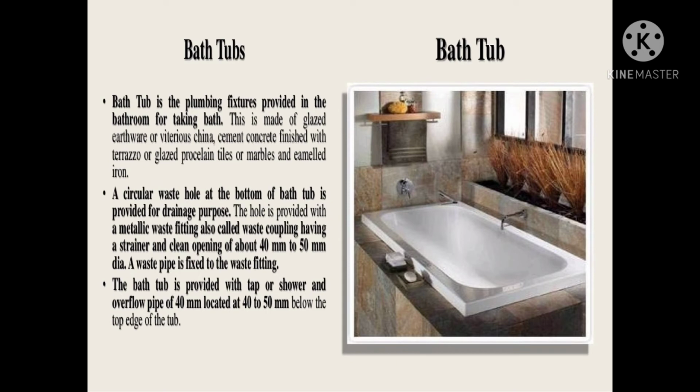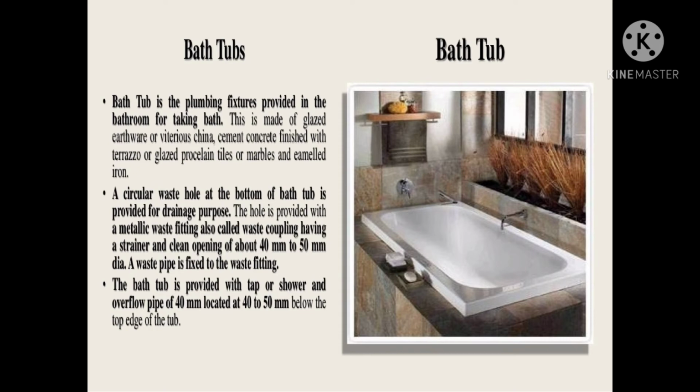Next one, bathtub. Bathtub is the plumbing fixture provided in the bathroom for taking bath. This is made of glazed earthenware or vitreous china, cement concrete finished with terrazzo or glazed porcelain tiles or marbles, and enameled iron coatings. A circular waste hole at the bottom of the bathtub is provided for drainage purposes.